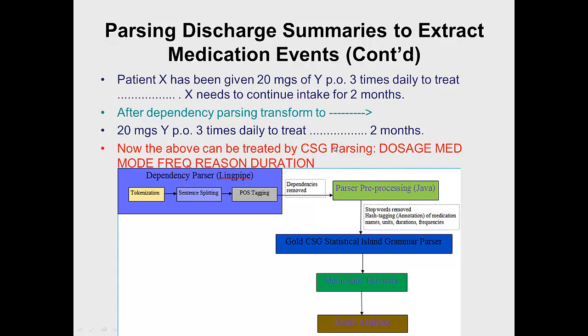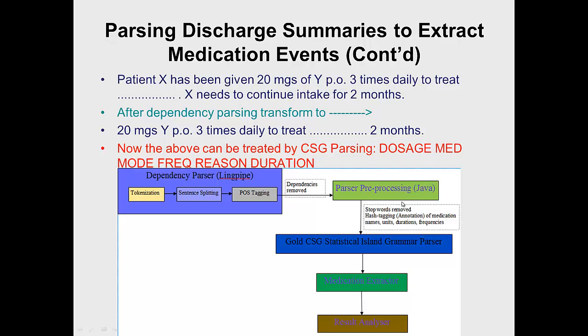Simple, and we can define a CFG rule for that: dosage followed by medication, 20 milligrams Y, followed by mode of administration, PO, followed by frequency, 3 times daily, followed by reason, to treat, followed by duration, 2 months.